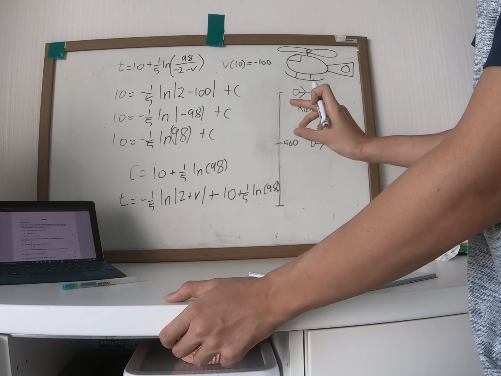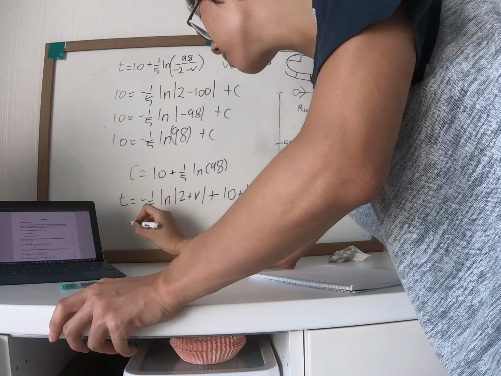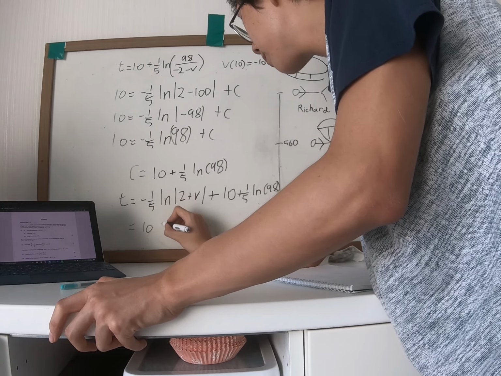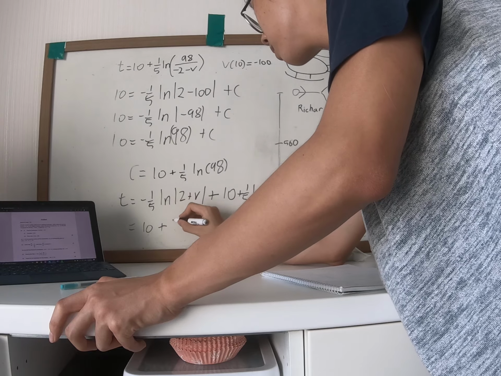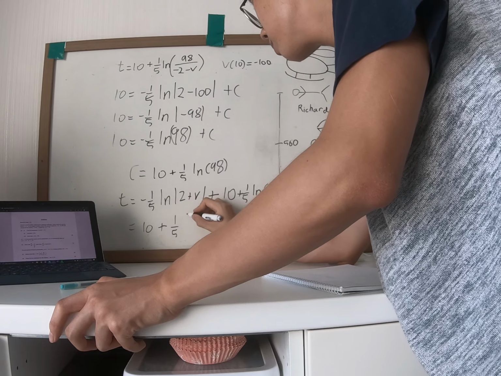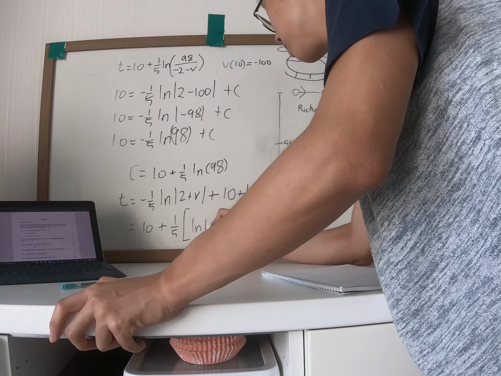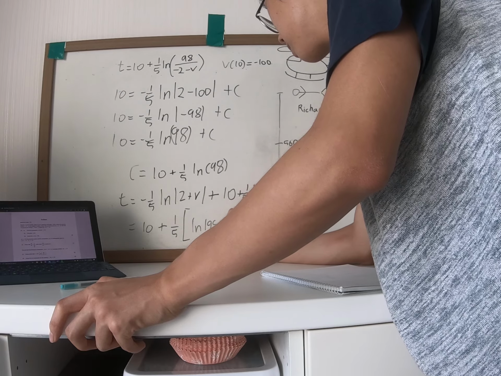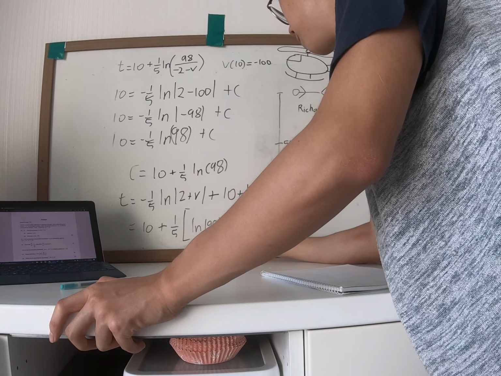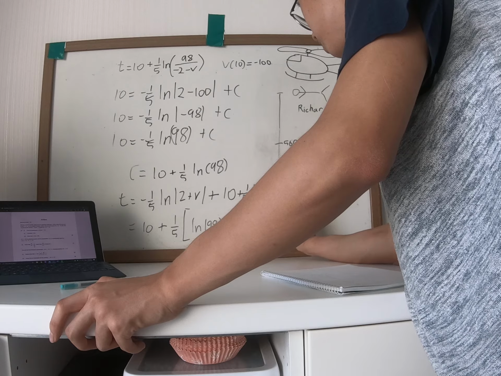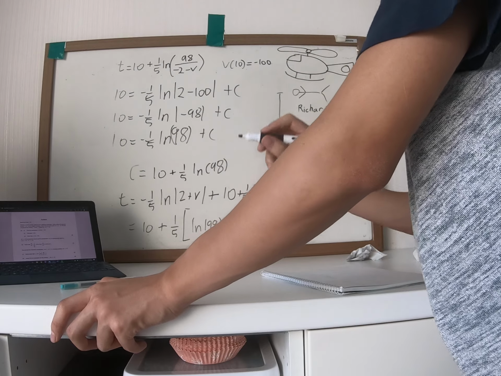Now we simplify it a bit and we get 10 plus 1 over 5, big bracket, ln 98 minus ln absolute value of 2 plus v, close big bracket.